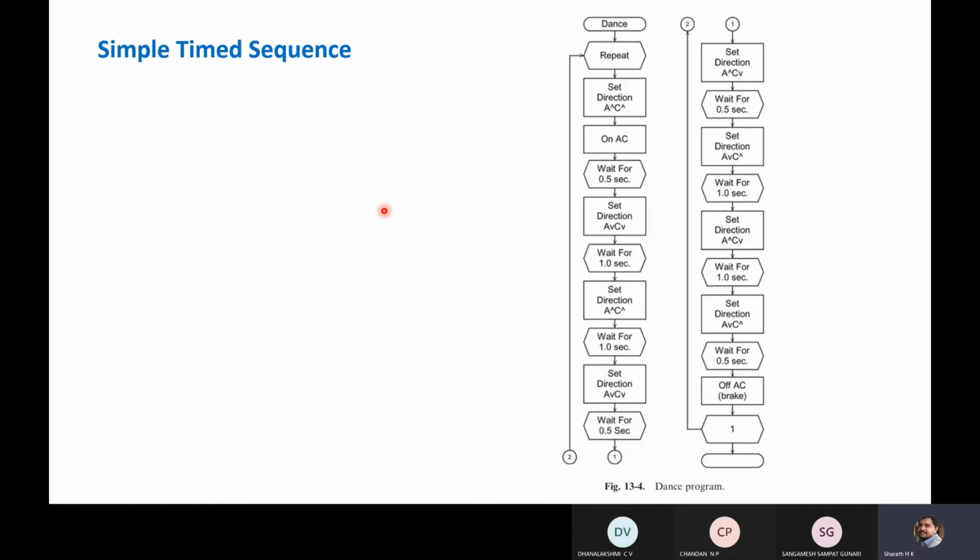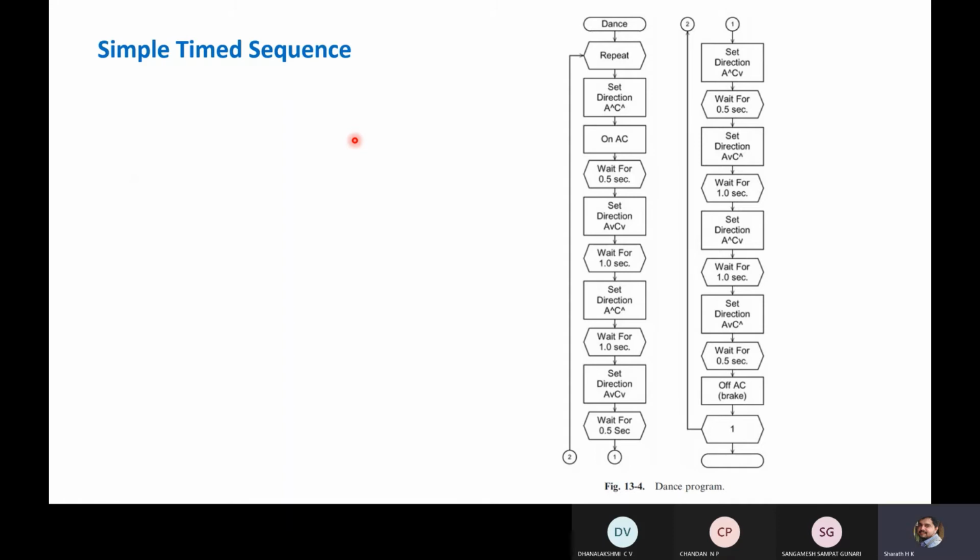Next, simple time sequence. Here you can do programming based on timing. That means by using timers, you can delay a particular action. You can stop the robot, and once again you can start.